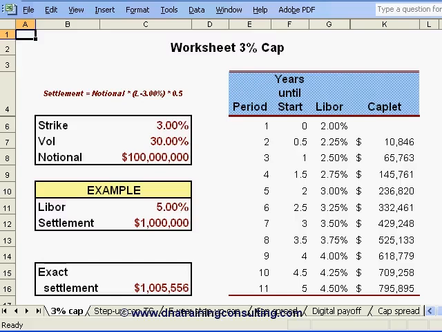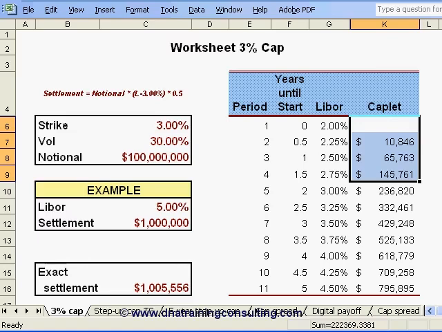For question 1, we open the worksheet labeled 3% cap. We need to add first the premium for the caplets in cells K6 to K9, which gives us $222,369, a number you can see at the bottom of the screen.